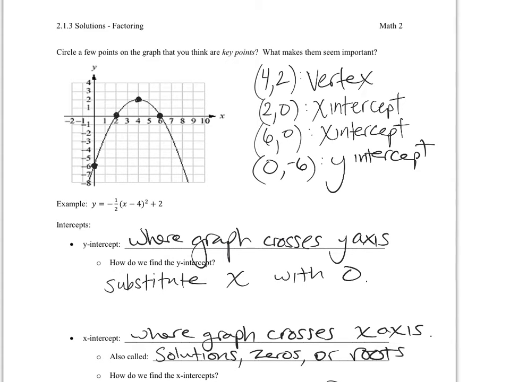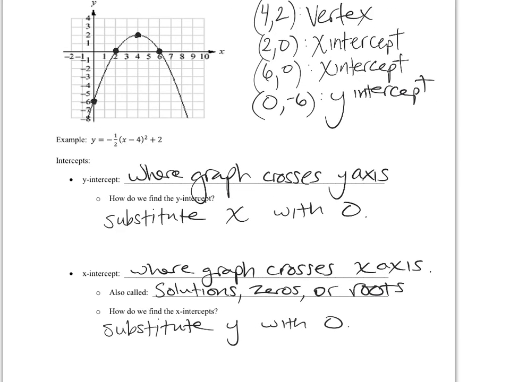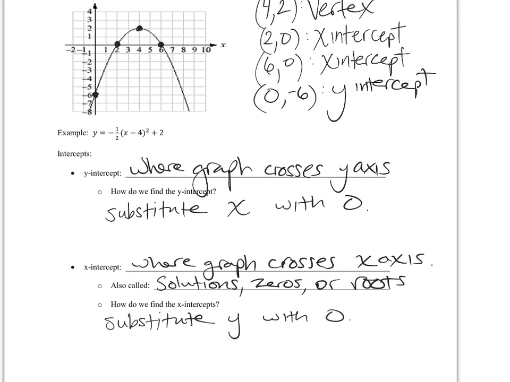Again, here are some definitions and some ways to find these intercepts in case you don't have them. So if you need to pause your video and get these written down, that's fine. But again, there it is spelled out what a y-intercept is and how we could find the y-intercept. We could just substitute x with 0.